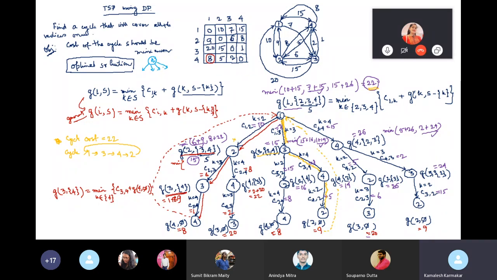In worst case scenario, in next, it will be n minus 1 number of choices. As I have 4 vertices in this graph, starting from a vertex, we have 3 choices in the next level. So if n number of vertices are given, in the next level, n minus 1 number of choices are there.